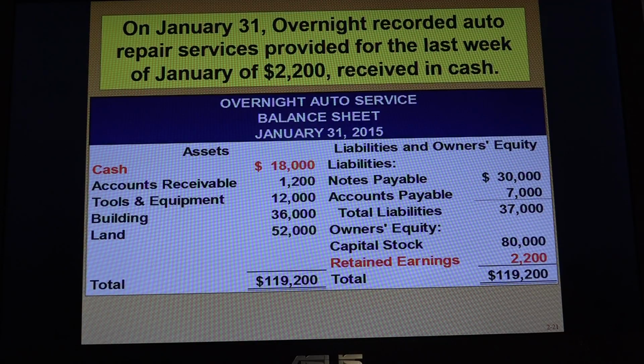So just realize that there are separate accounts that make up retained earnings. Okay? Revenues is one. The revenues from whatever the business does are recorded for the year. The expenses related to whatever the business does are recorded.